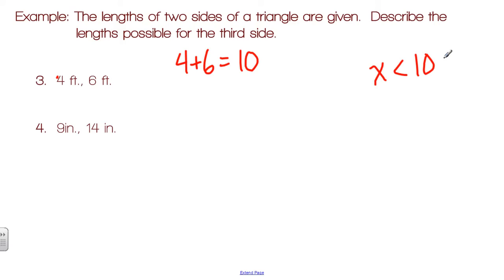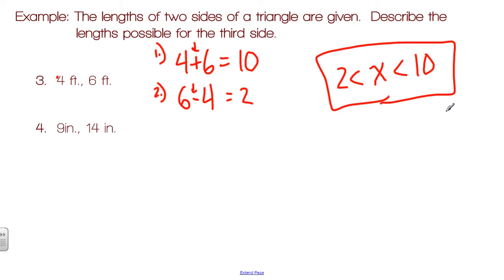But what we also want to do is take those two values we're given and subtract them. So first we added them, and second we're going to subtract them. 6 take away 4 is 2. And it turns out it's got to be longer than 2.